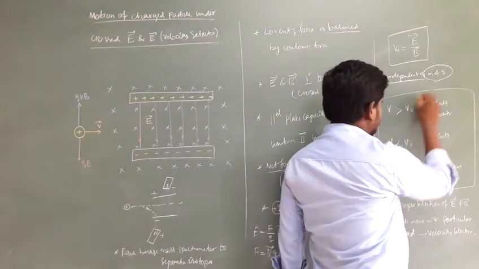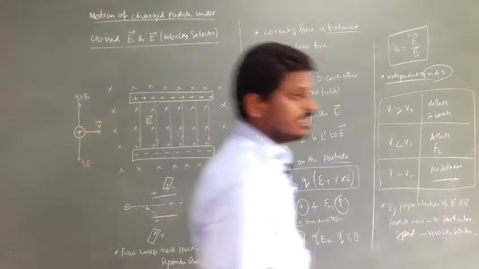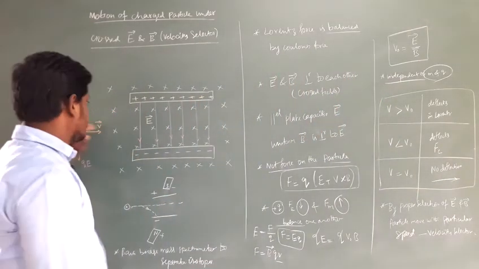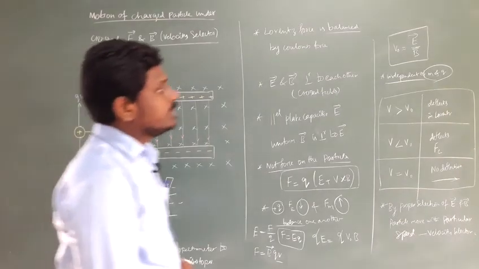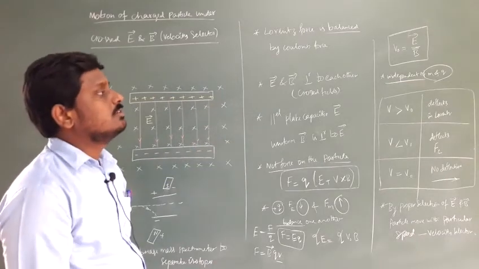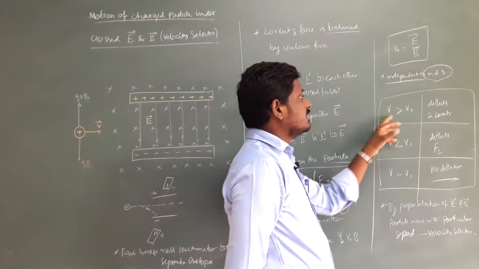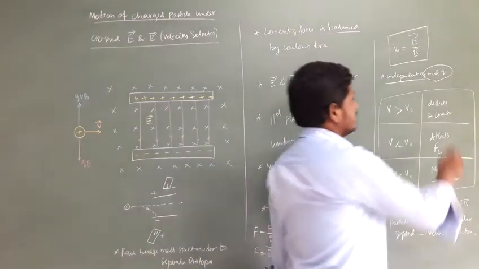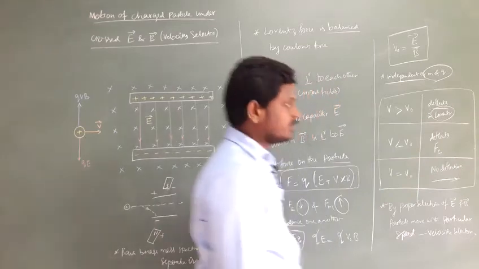Then three special cases are discussed. V0 is the velocity of the charged particle before entering the chamber, with magnitude E by B. If the velocity v is greater than V0, the charged particle is deflected by the Lorentz force, that is the magnetic force.